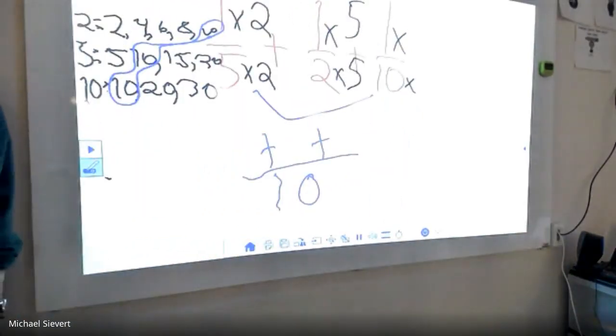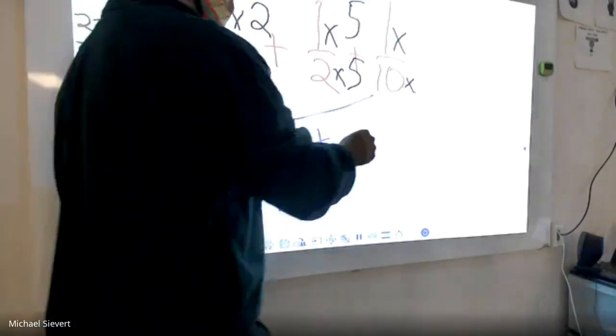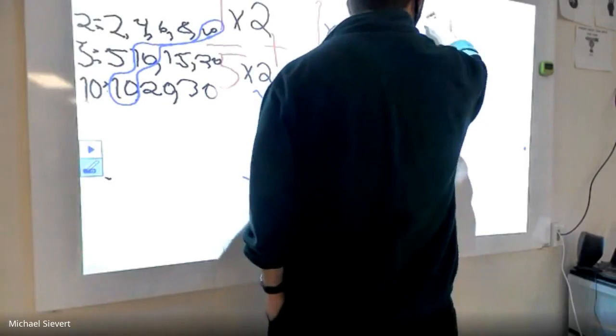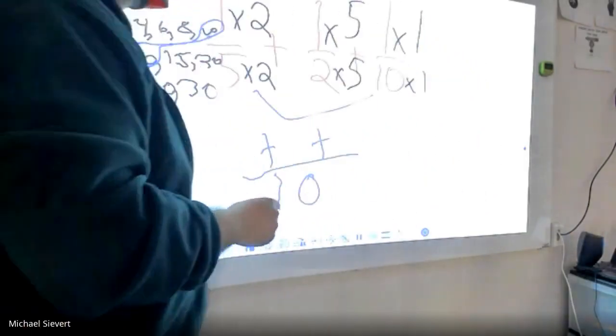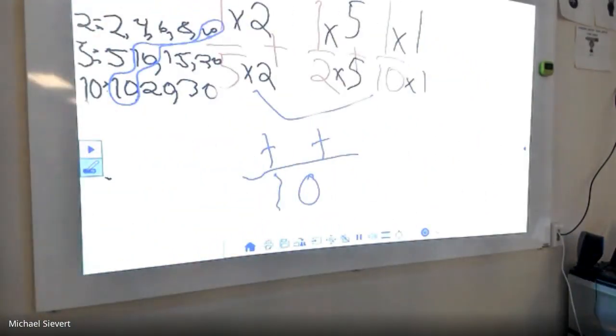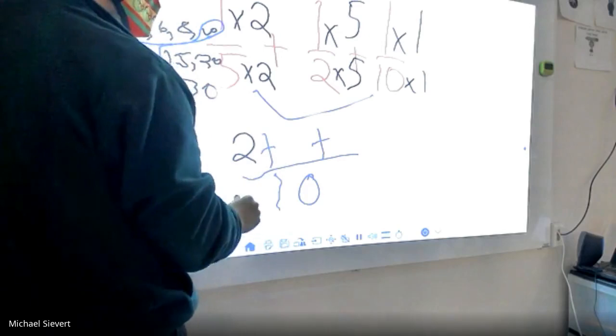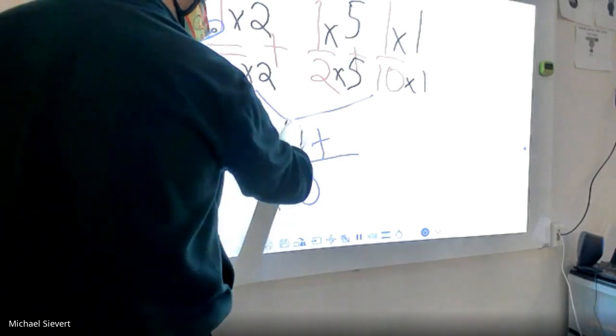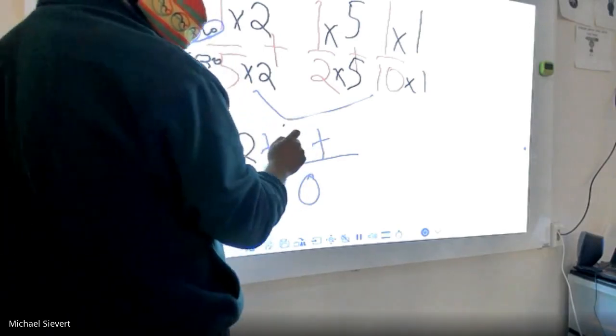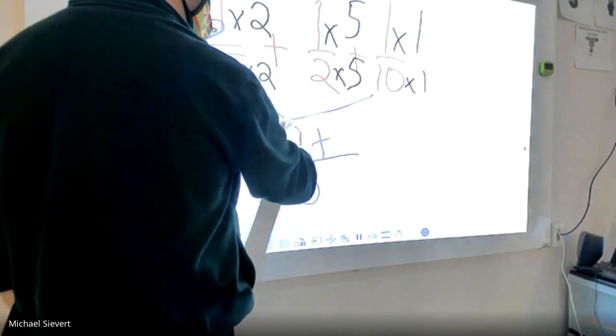And then Antoine, what did you multiply 10 by to get to 10? 1. So you multiply 10 by 1, you multiply 1 by 1. And then Destiny, what's 1 times 2? Marquise, what's 1 times 5? 5. Chastity, what's 1 times 1? 1.